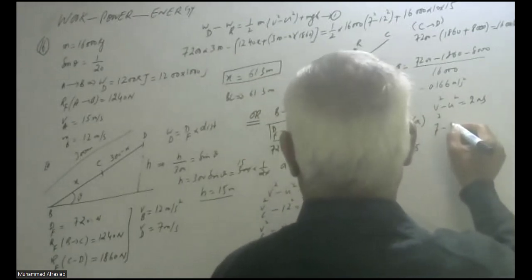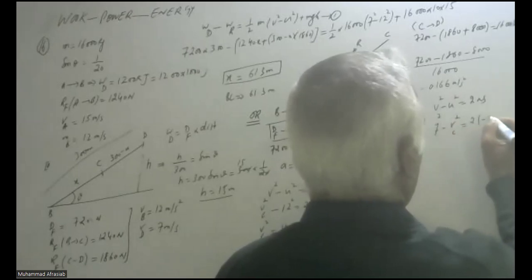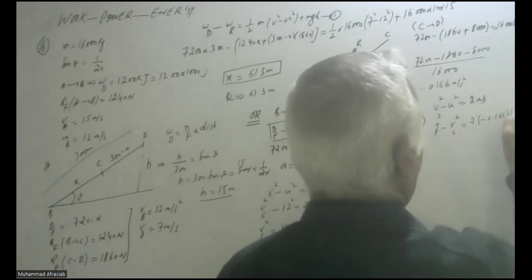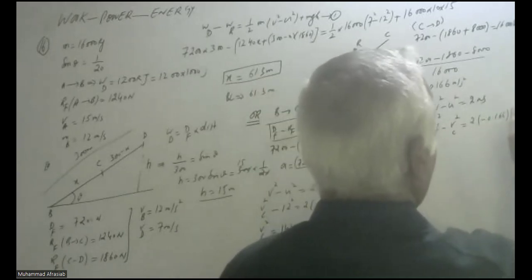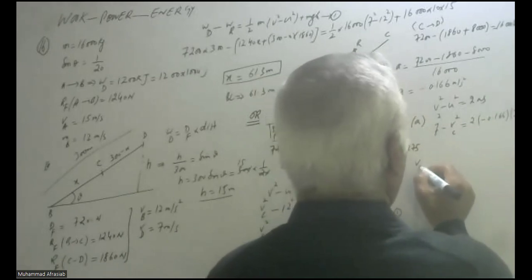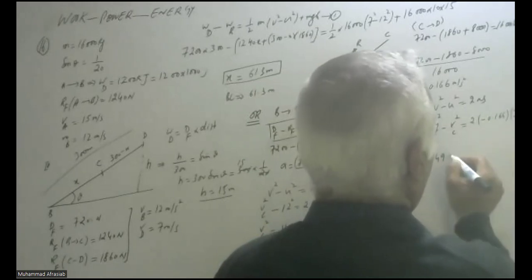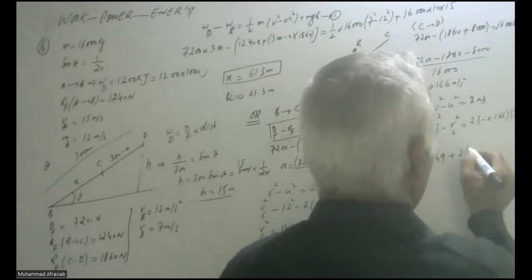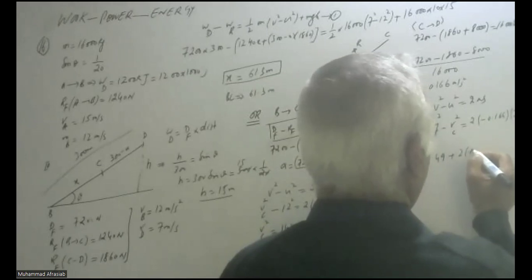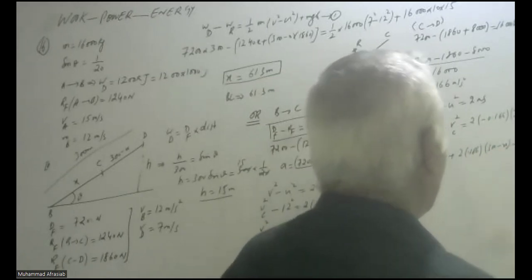So we calculate it as v of C square is equal to 49 minus 2 into acceleration, minus 0.166, into distance s, that is 300 minus x. So v of C square is equal to 49 plus 2 into 0.166 into 300 minus x, and let's say that is equation number 2.